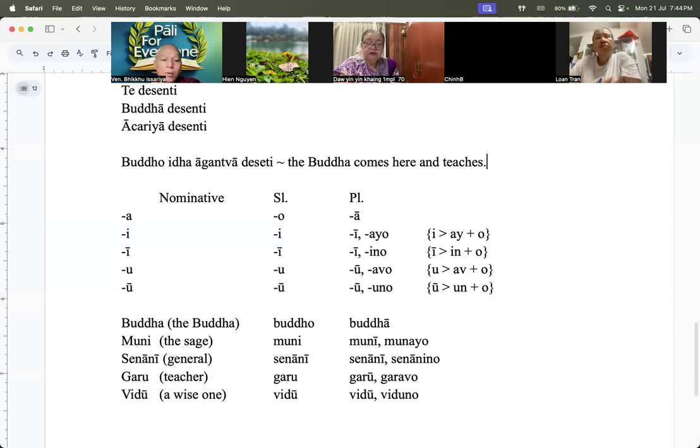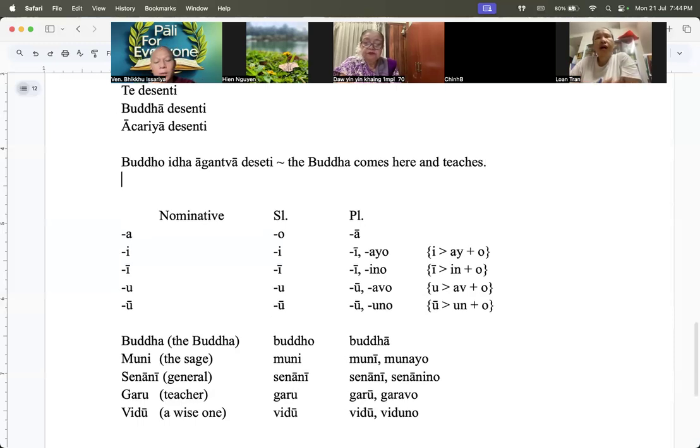So at that time, if we use the verb form in the plural, only the subject and verb change.